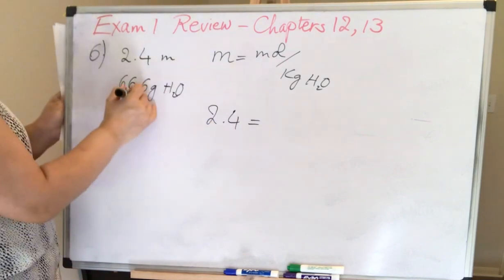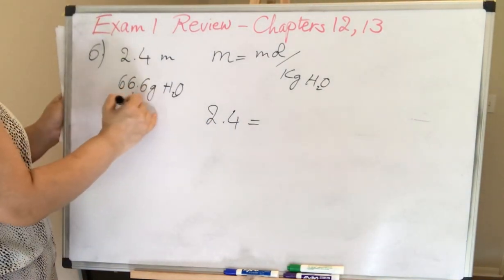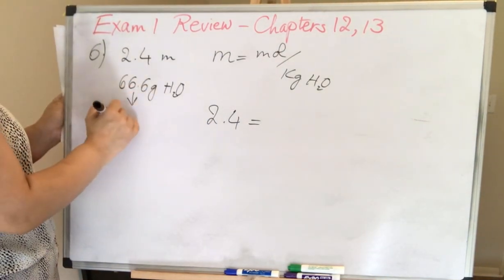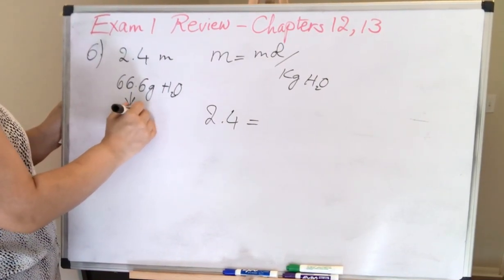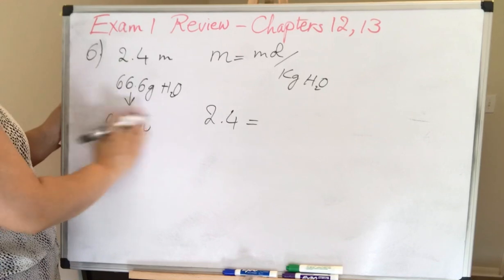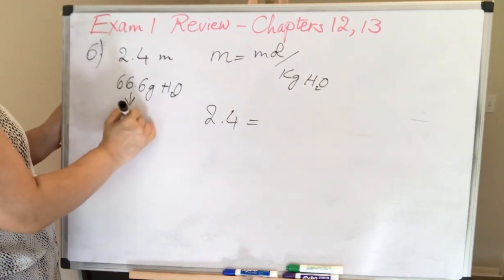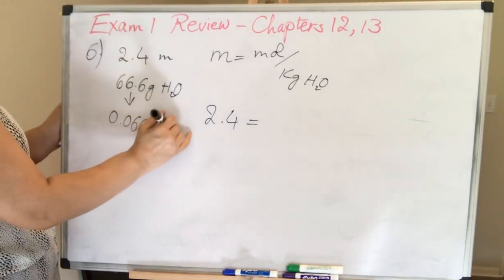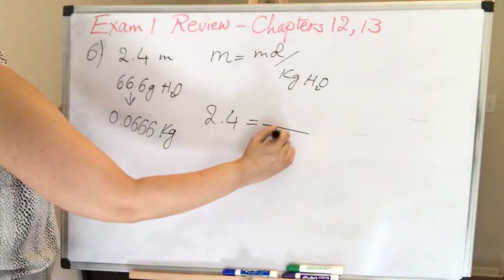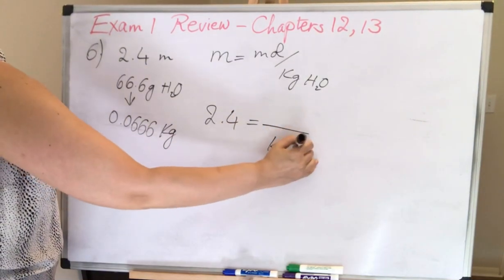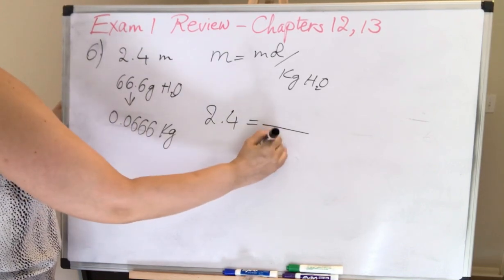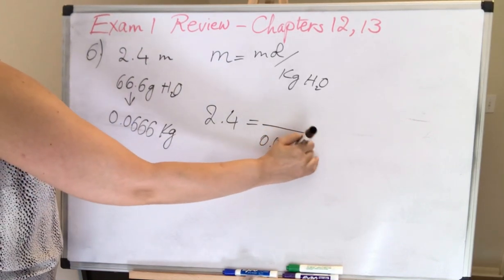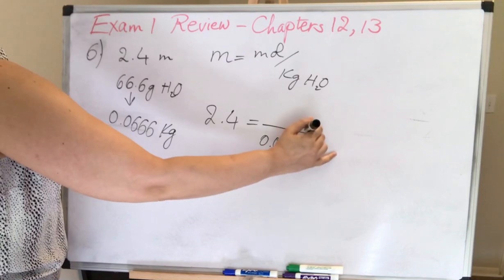Go ahead and change this to kilograms by dividing by 1,000, so it will give you 0.0666 kilograms of water.